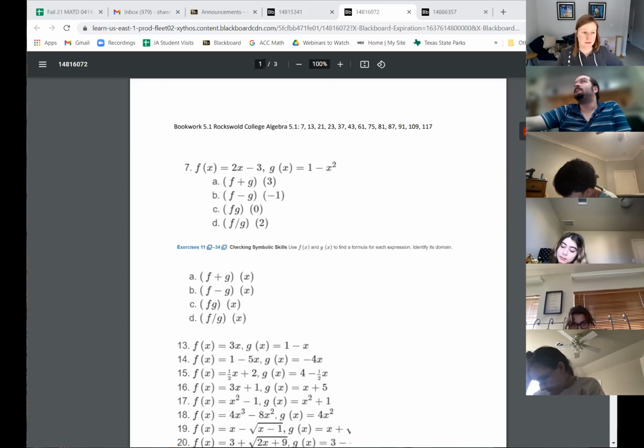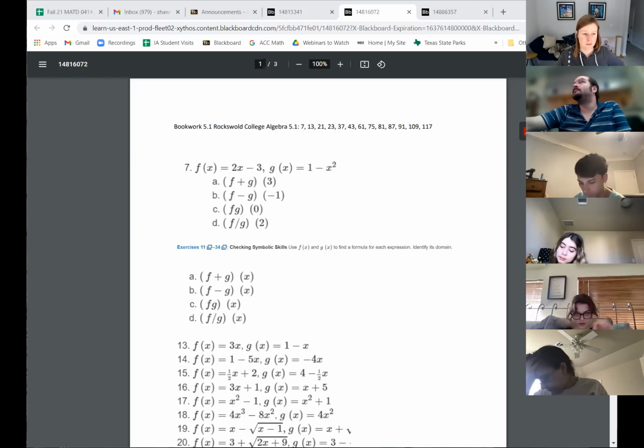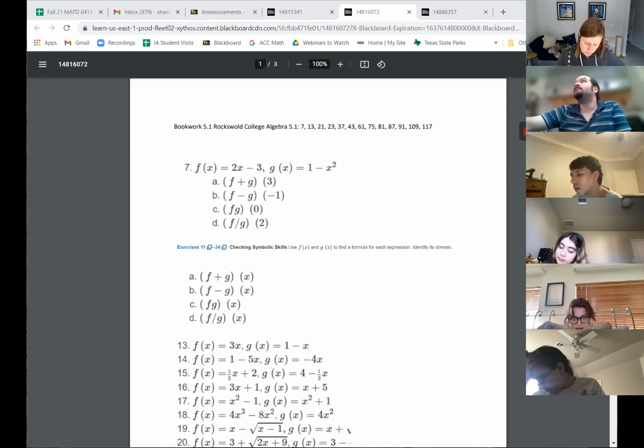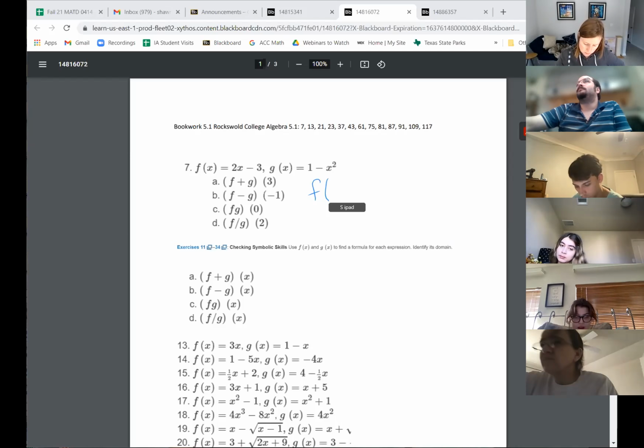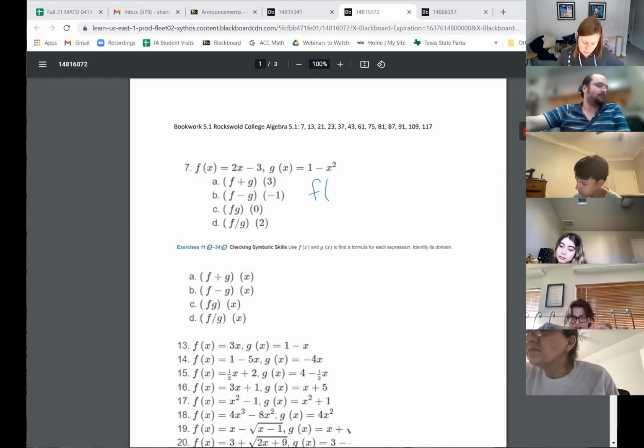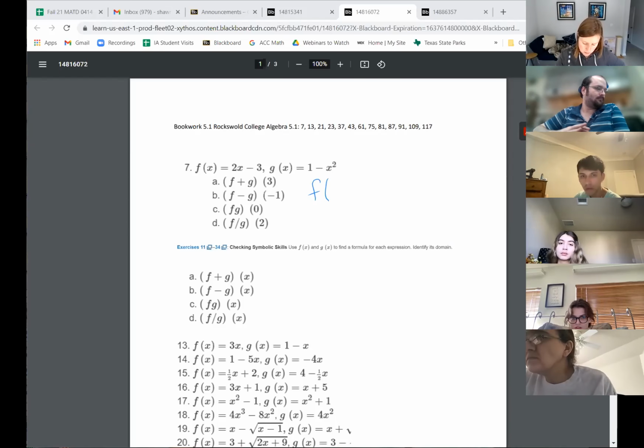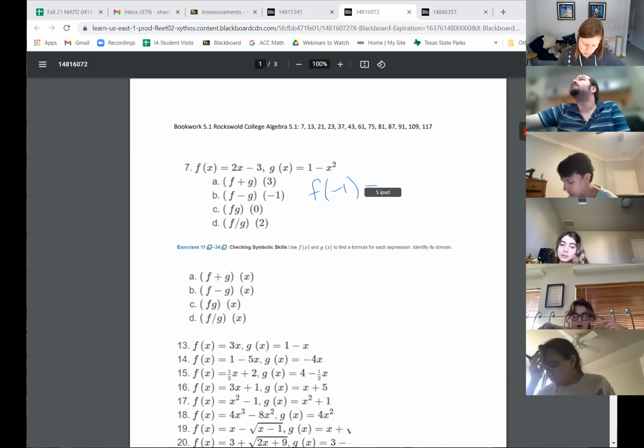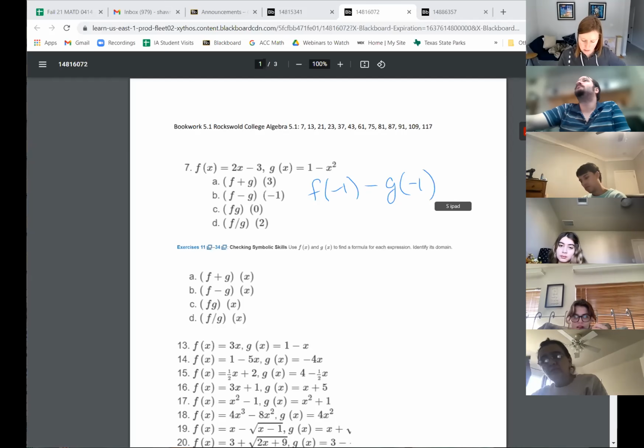So for the f of x, it's going to end up being f minus g, right? It's f in parentheses, f minus g. You can write it like this if that's what you're trying to say. Yes, right, like that. Okay.